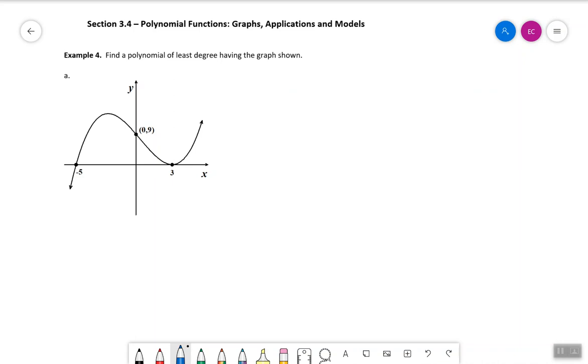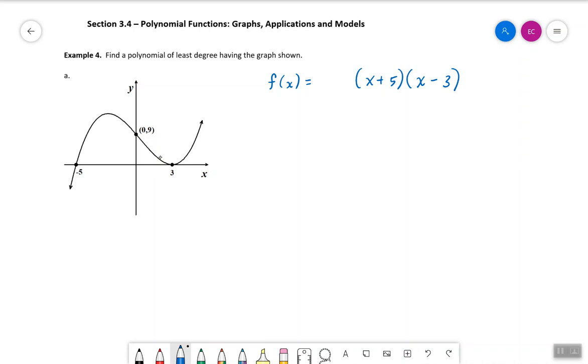We can call this function f of x if we like. Since there's an x-intercept at -5, there must be a factor of x plus 5. And since there's an x-intercept at 3, there must be a factor x minus 3. We also need to look at the behavior at each of the x-intercepts.